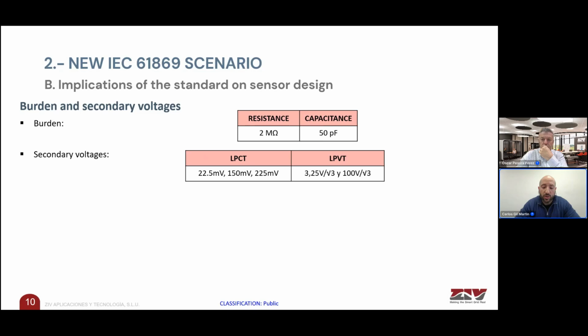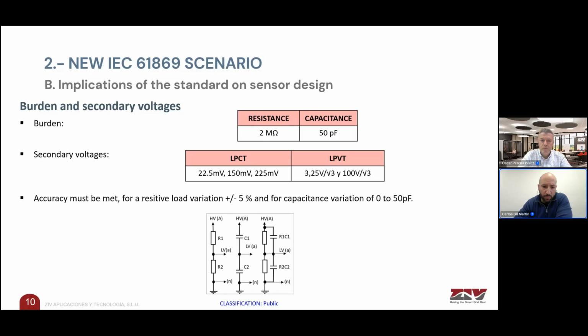The secondary voltage is also described in the standard. As you can see, in the case of the current transformer, it is not as with the conventional transformer, where normally we have current in the secondary signal. Here we also have a voltage, and lower signal values. We are talking about millivolts instead of volts in the case of the voltage transformer.